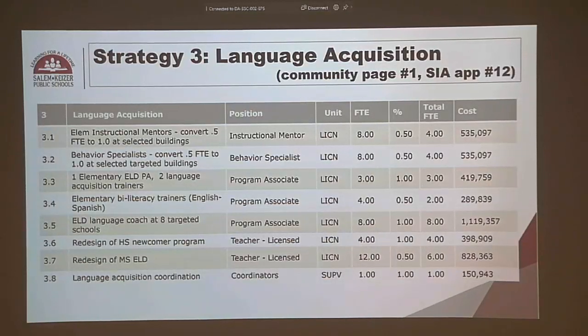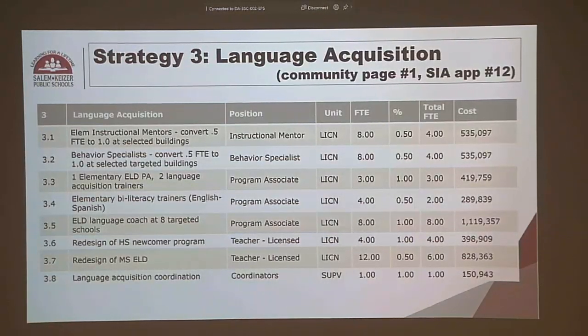We are offering ELD coaches, and they're called coaches here, but they are licensed teachers who will go in, provide coaching, but also provide team teaching and team support at the building level, and that is 8 teachers for $1.1 million. Our redesign of our high school and middle school newcomer programs, we have 4 positions set aside for that redesign.